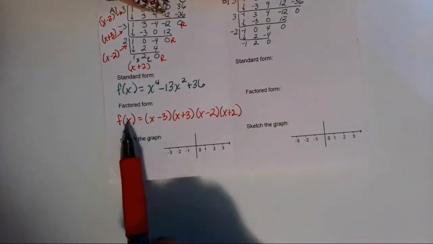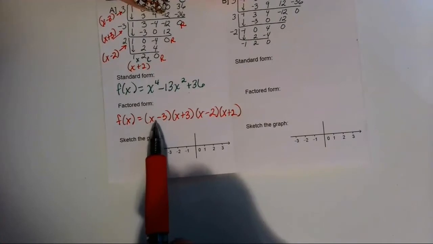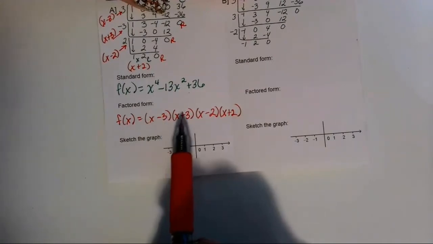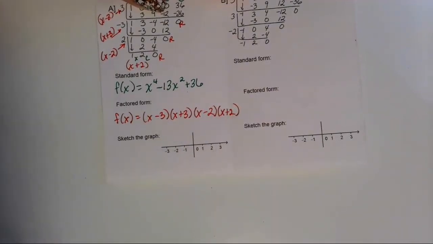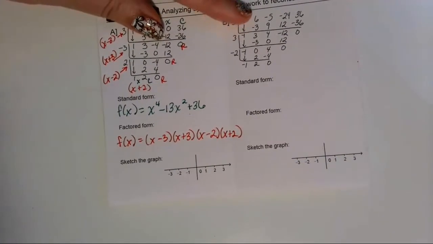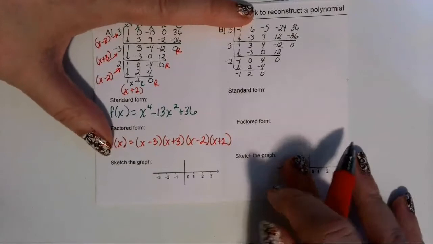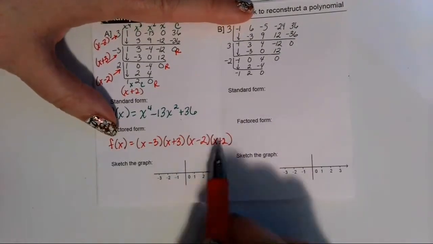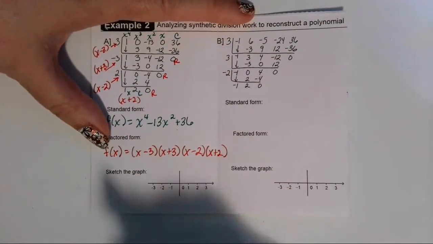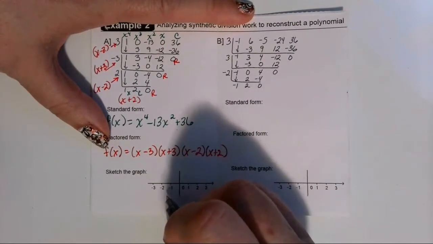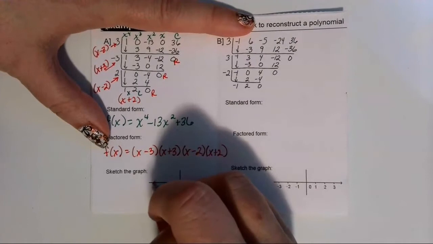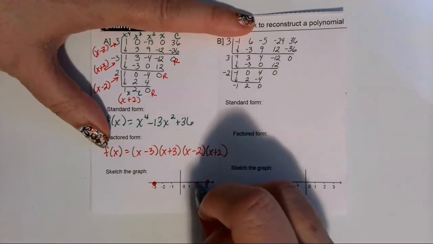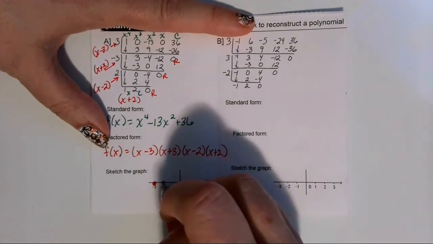So the factored form of f of x is x minus 3 times the quantity x plus 3 times the quantity x minus 2 times the quantity x plus 2. And those are all 4 linear factors. So when I sketch the graph, all 4 of those would be crosses along the graph. So at positive 3, I have a real 0, negative 3, then positive 2, negative 2.